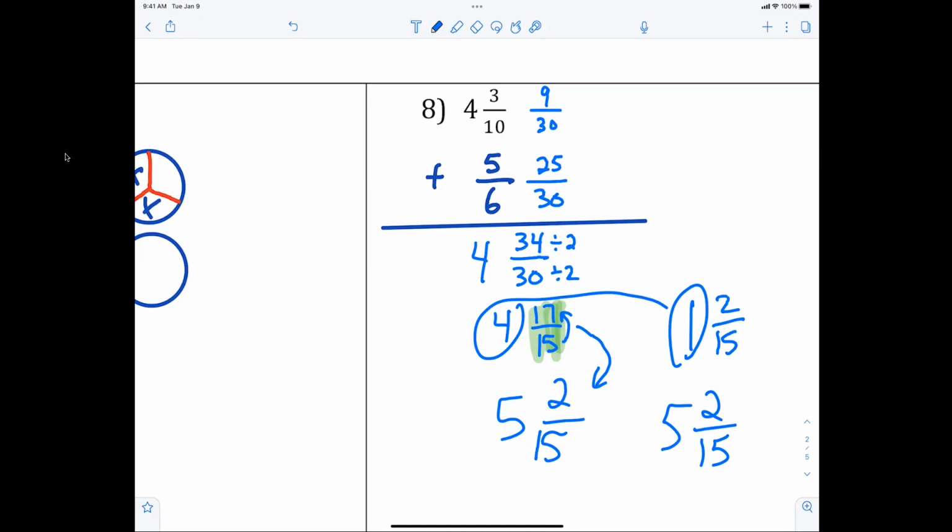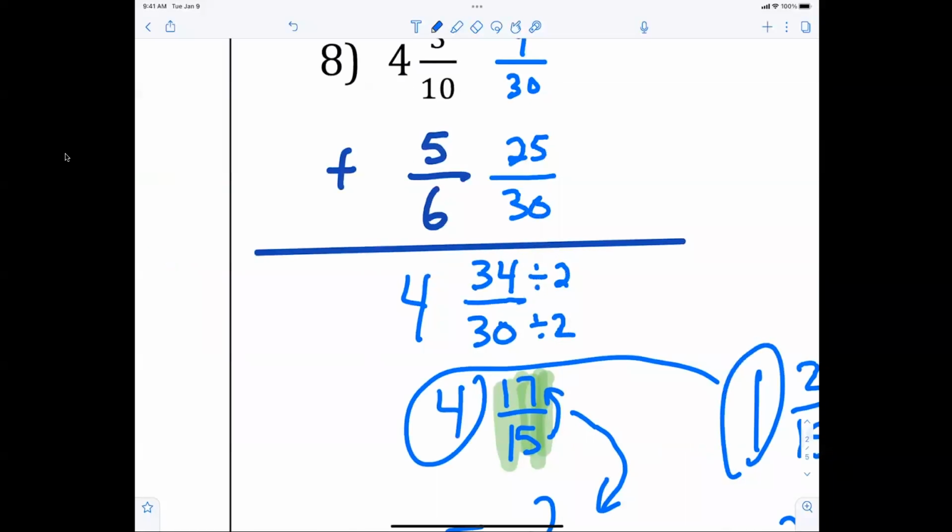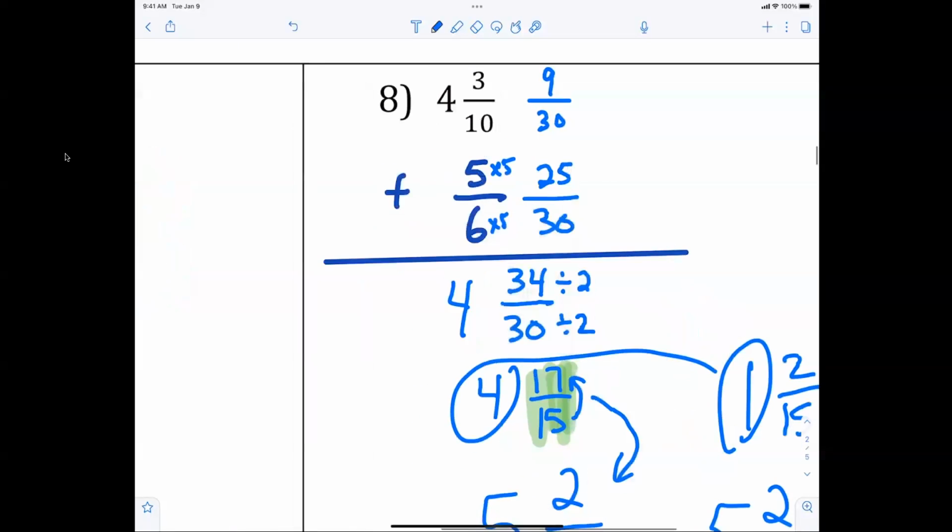It has to be done like this, guys. There's no alternative. I don't get how you just went from 9 to 30 to 25 to 30. I multiplied by 5. Right? This was multiplied by 5. This was multiplied by 5. That's how it's 25/30.